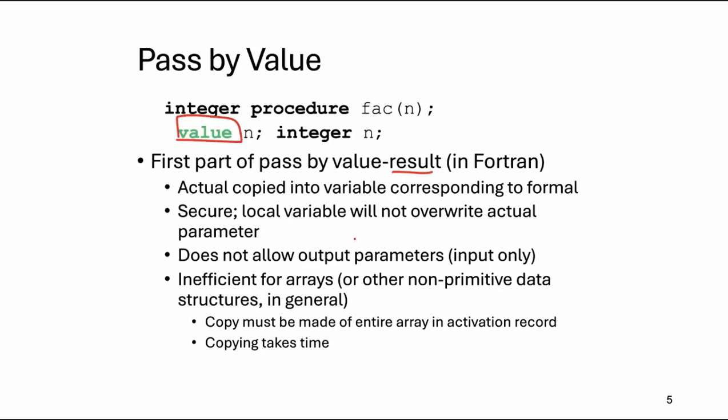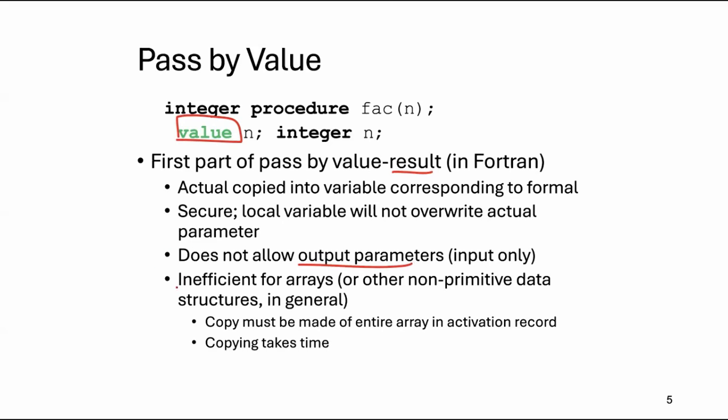Algol follows the same behavior as Fortran. One important thing is that it does not allow output parameters, so you can only have input parameters, and if you want to return some result, you cannot use pass by value.